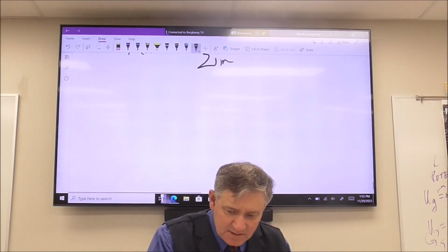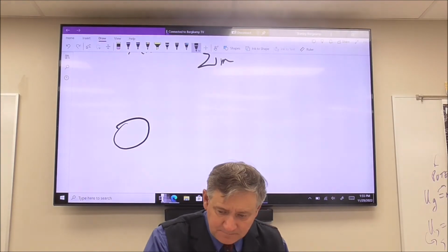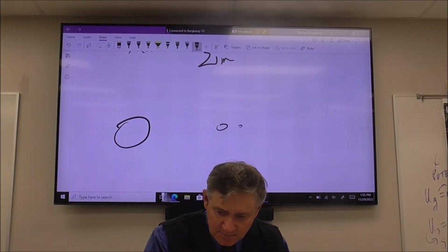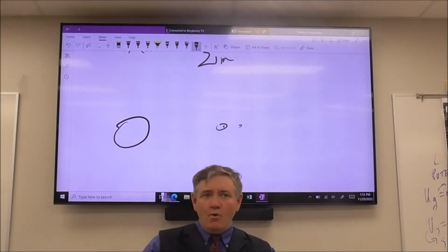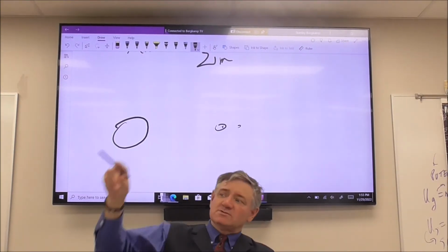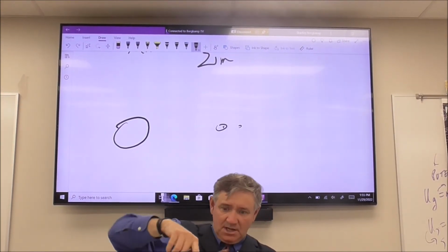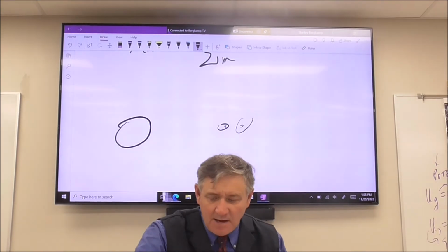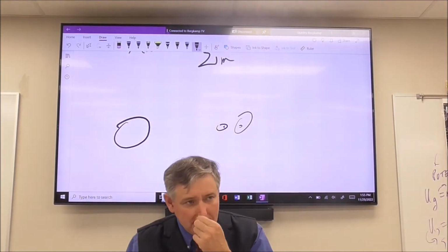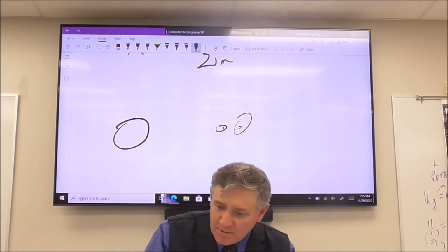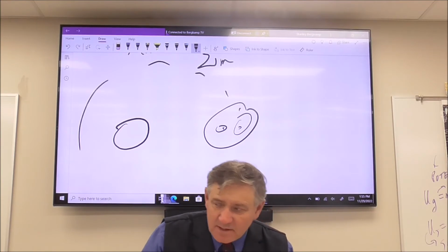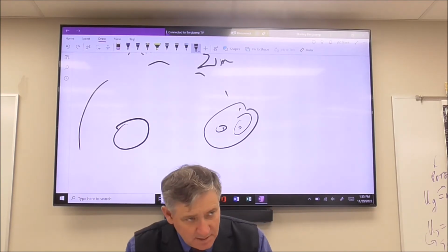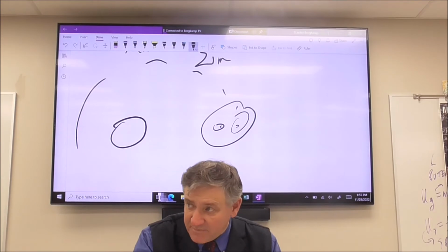Here's the Sun, here's the Earth, here's the Moon. It's that point which is orbiting around the Sun. I'm not denying the Moon orbits the Earth, but this whole system orbits around the Sun, and it orbits around that center of mass.